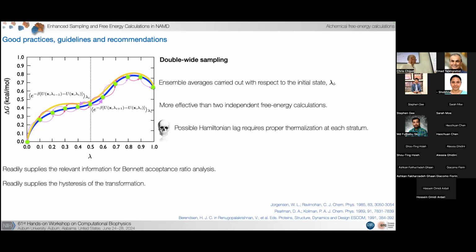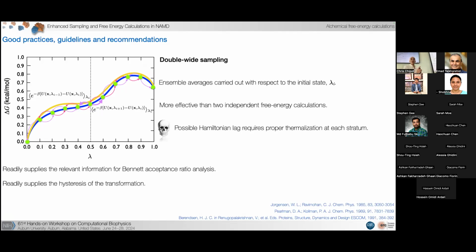But to make the calculation cheaper, he came up with this idea of double-wide sampling, meaning that at a given value of lambda, you're calculating the forward change and the backward change at the same time. It's a little bit cheaper than doing forward all the way, backward all the way.